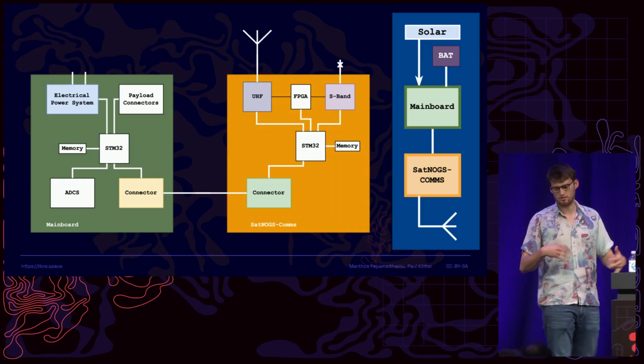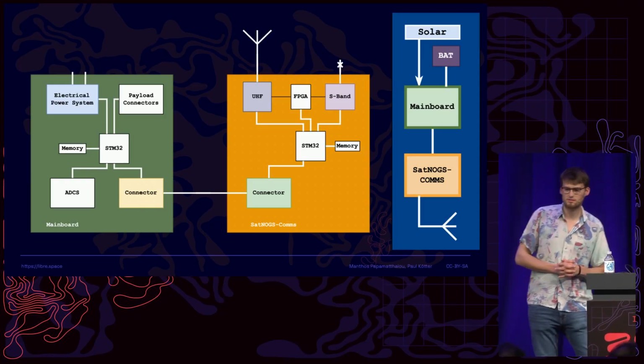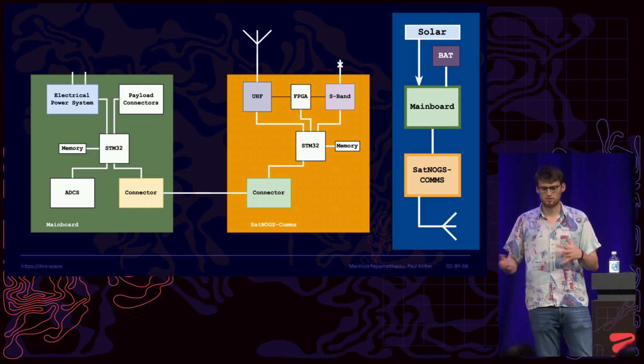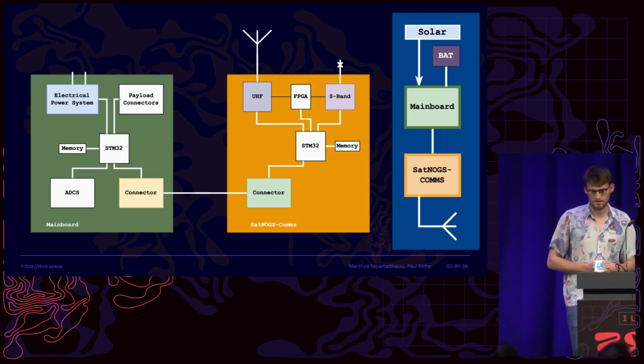Furthermore, it has some payload connectors so that other people can also integrate hardware into it and measure things, whatever they want, really. And we have the electrical power system. This subsystem is also very important. It handles all the solar panels, all the battery, and measures whether the payloads are doing what they are expected to do.